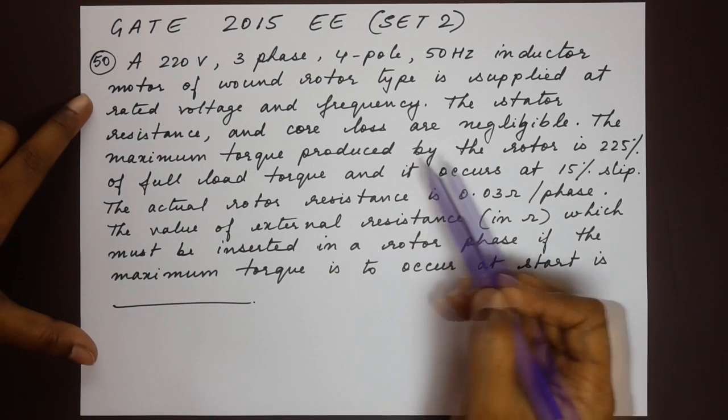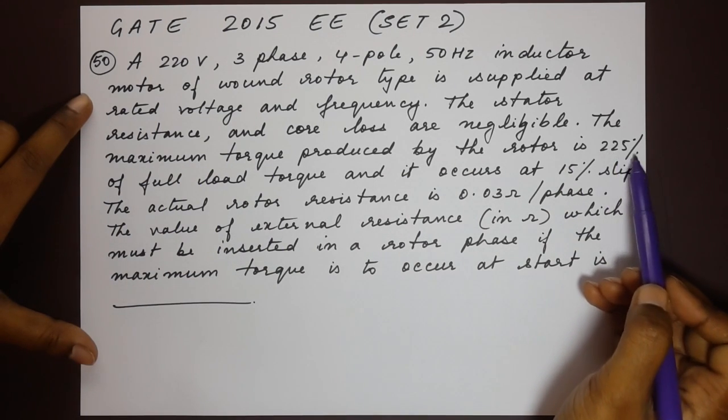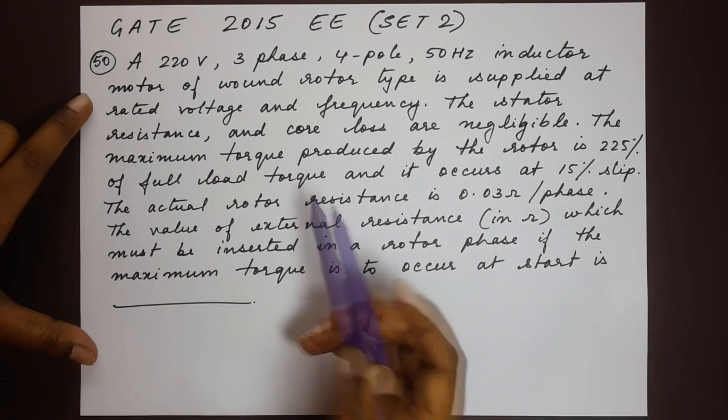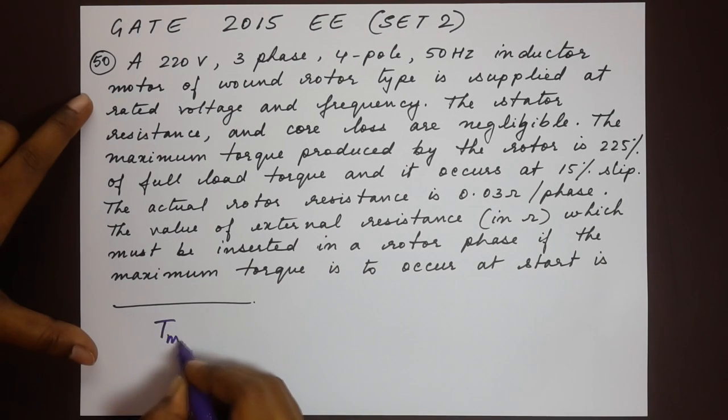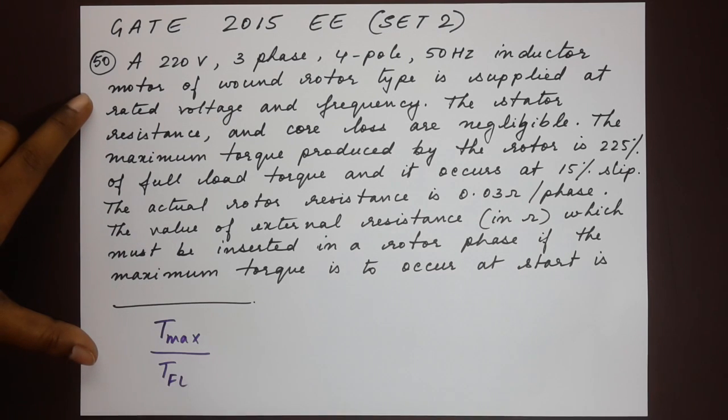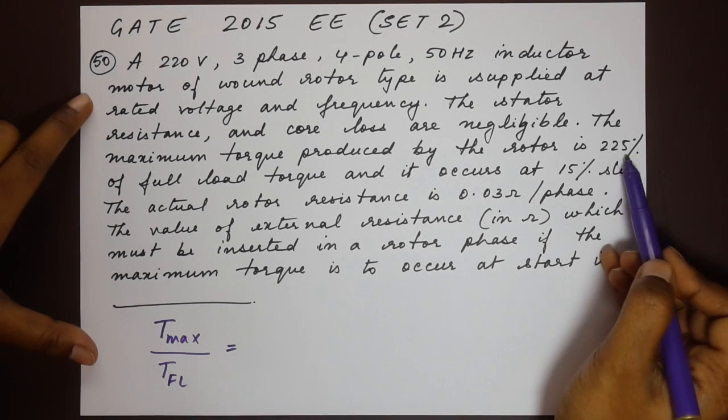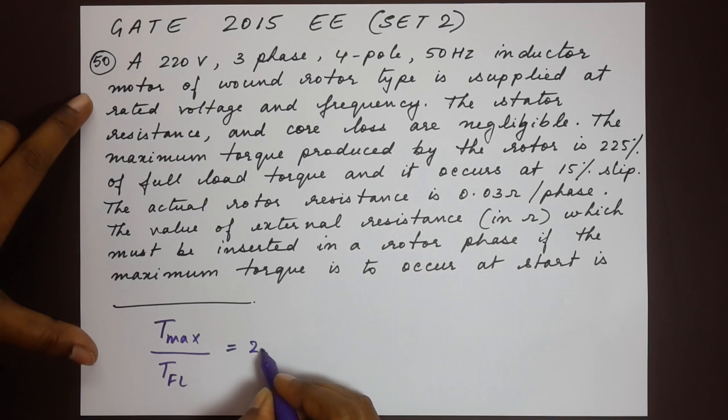Maximum torque produced by the rotor is 225% of the full load torque, which means T max by T full load, maximum torque by full load torque, is given as 225%, so we write that as 2.25 in decimal form.